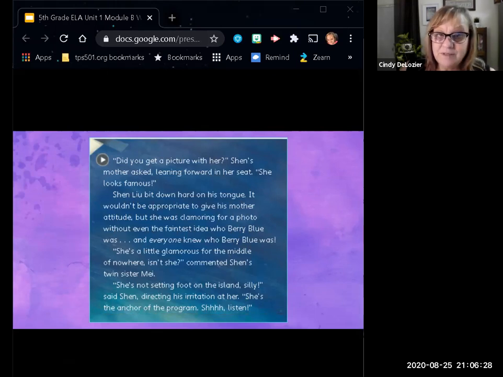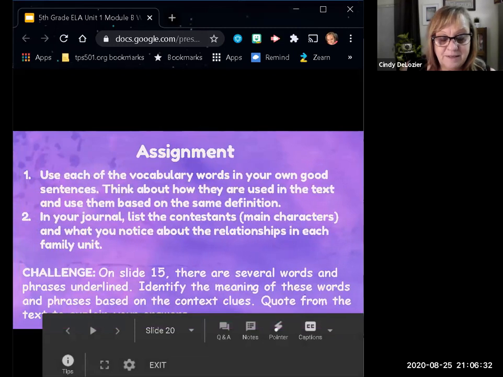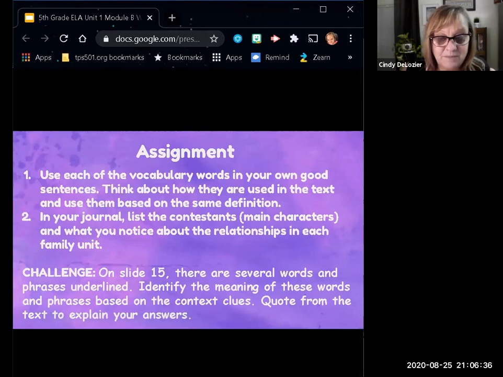We're going to be doing this some more, but now what I would like for you to do is think about the assignments. So far we have identified academic words and meanings indicated from context clues in the text. We have also identified relationships between the family members. And we have used explicitly what the text said to make inferences about the story.